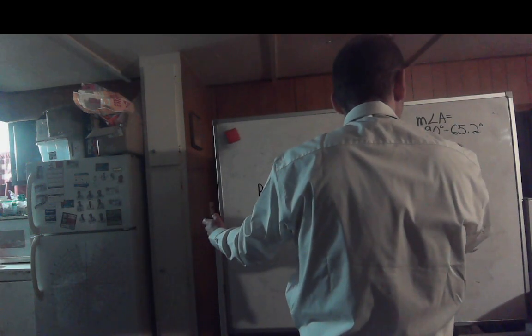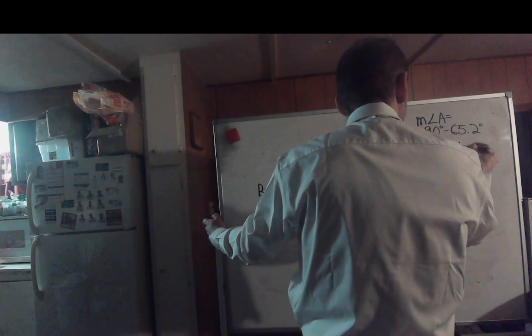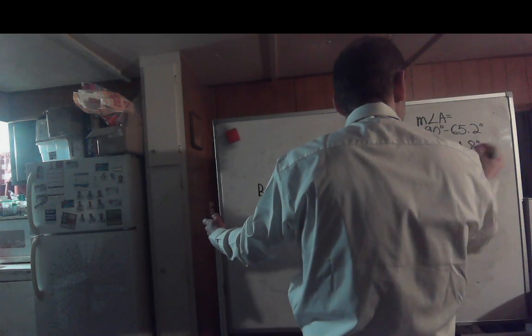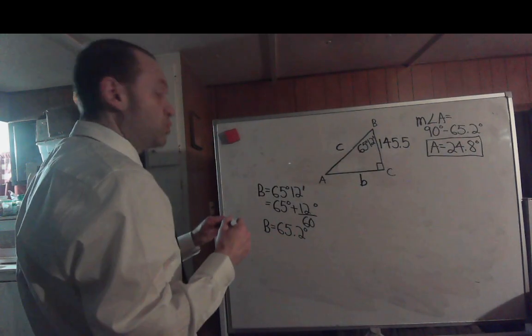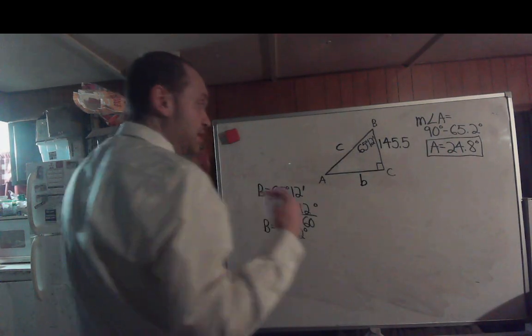Now, let's solve for angle A. So that means the measure of angle A would equal 90 degrees minus that 65.2 degrees, which means that A itself is going to then end up equaling 24.8 degrees. So that's one way you can write angle A, or if you want to convert this into degrees and minutes, we can do that.